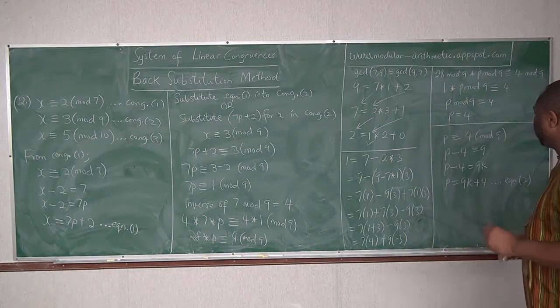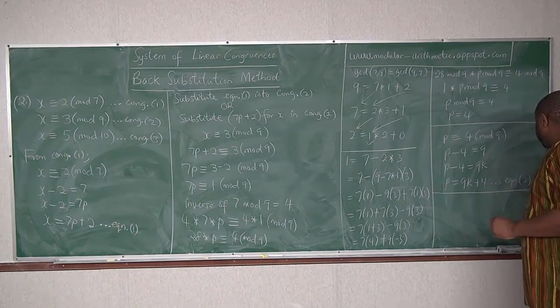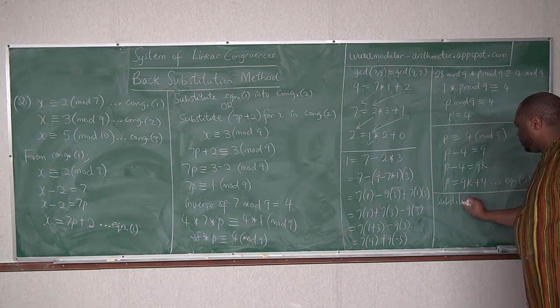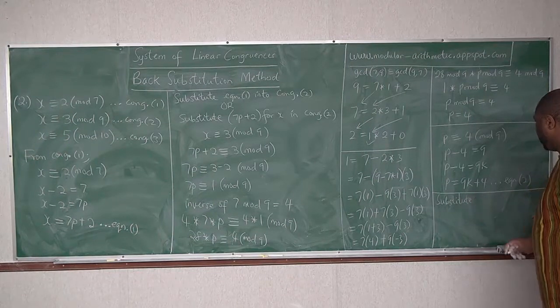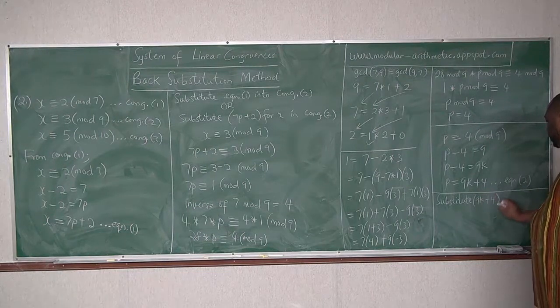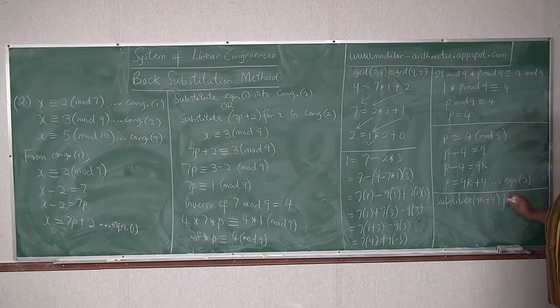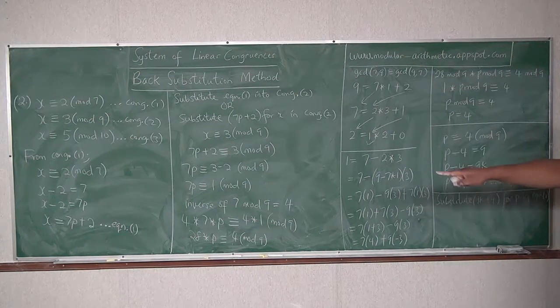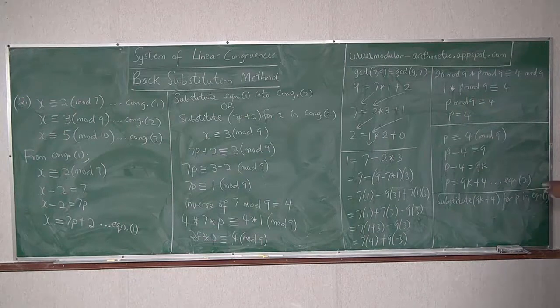So we'll substitute 9k plus 4 for P in equation 1.